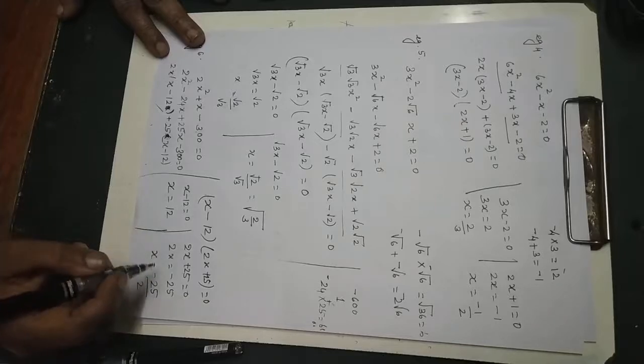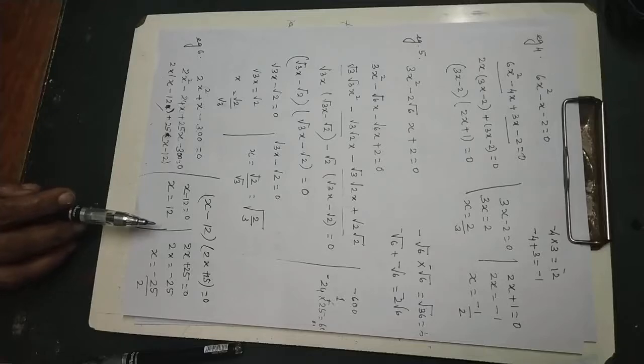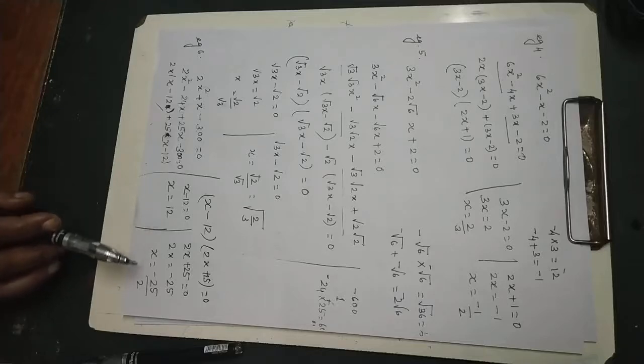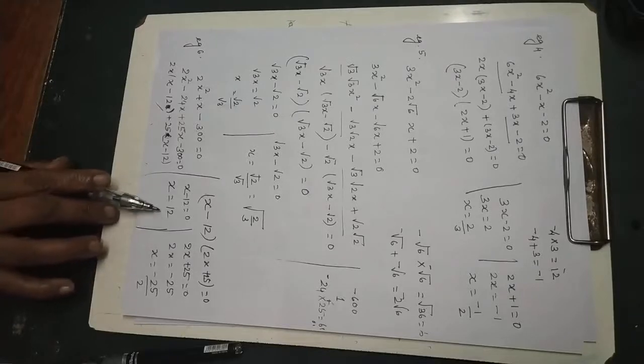So here two values for x: x is equal to 12 and the other one is negative 25 by 2, that is negative 12.5. Length and breadth are positive quantities, so you have to take x is equal to 12 in this case.